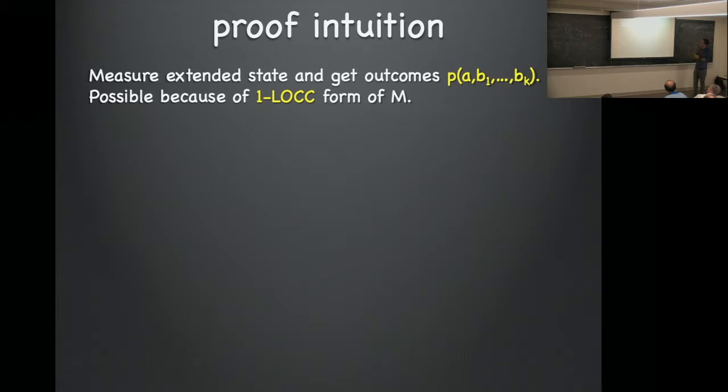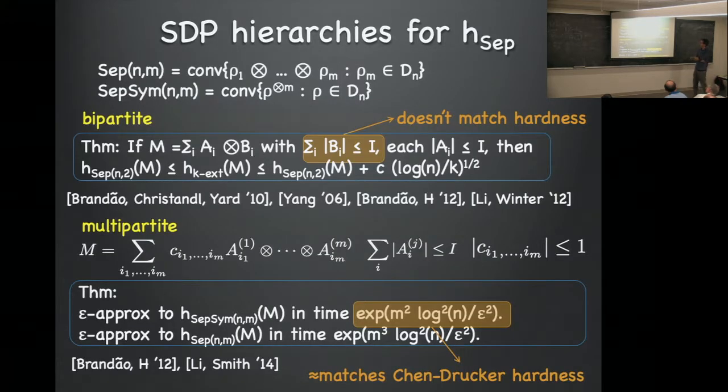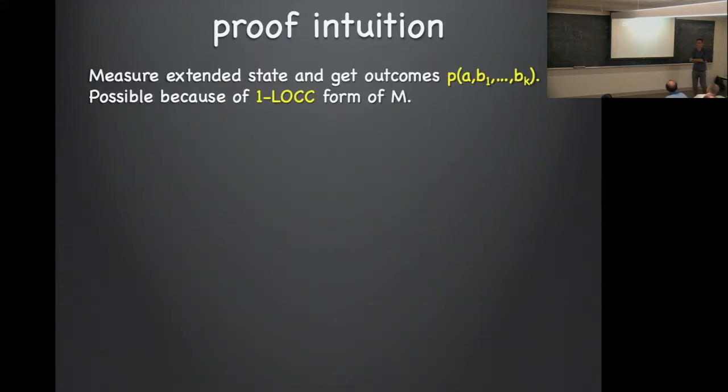And the reason why mutual information is so helpful here is that the mutual information can be at most log n, if these systems have dimension n. The mutual information is an entropic quantity. It scales like the log of the dimension. And so that's why I'm able to have k fighting against log n instead of fighting against n. Because I only need to do log n rounds of this before the mutual information becomes negligible.